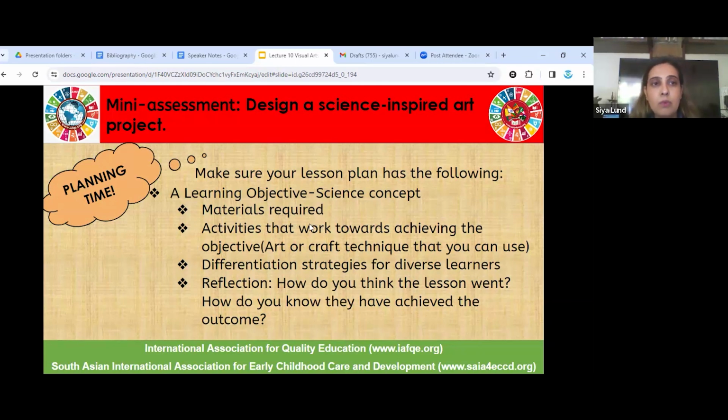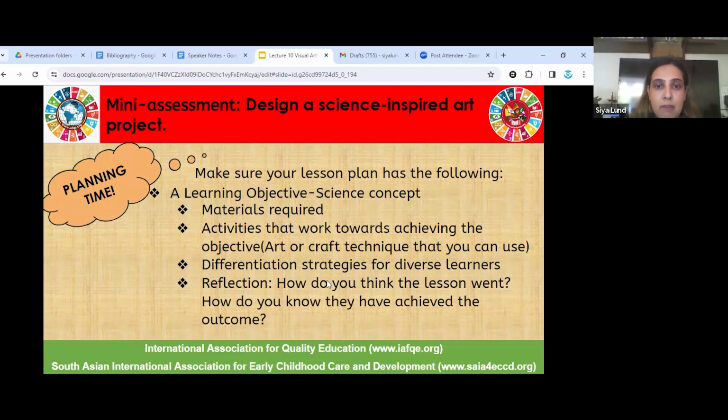Then I want you to think of differentiation strategies for the diverse learners in your class. If there is a kinesthetic learner, an auditory learner, an audiovisual learner, how are you going to help them? How are you going to serve them? How is the lesson objective going to be achieved by them?